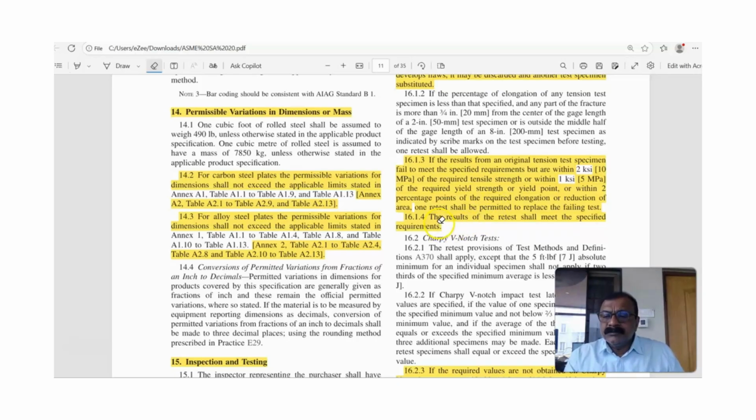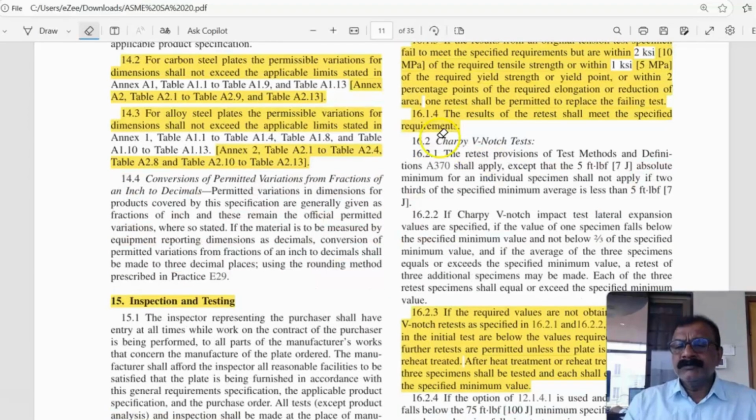Then the result of the retest shall meet the specified requirement. Otherwise, all the plates under that heat will fail.